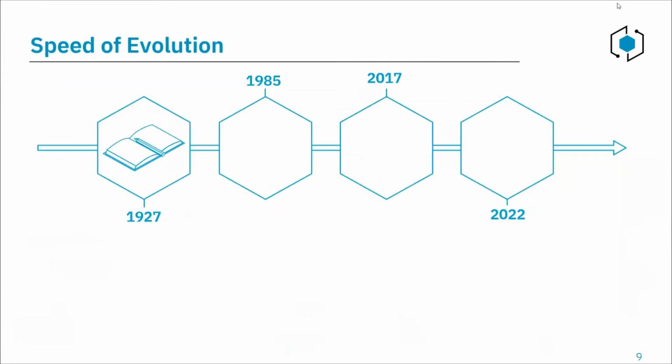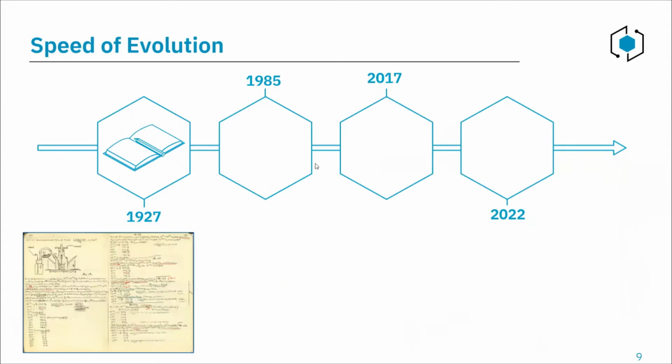So why are we actually doing what we do? If we take a look back through the past 100 years, in 1927, we have here a lab book from an unknown chemist from the Kaiser Wilhelm Society. And then if we fast forward about 60 years, we have the Cray 2, which is a supercomputer, which you could barely fit in a standard sized bedroom, very expensive, very big, but very heavy.